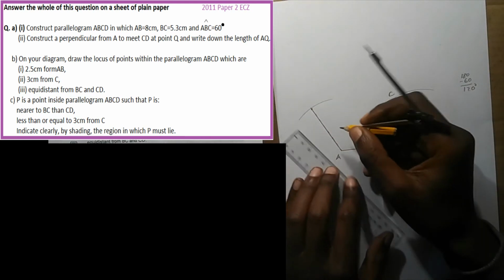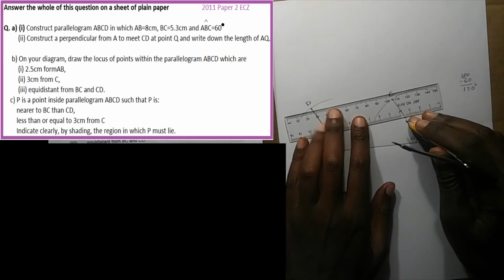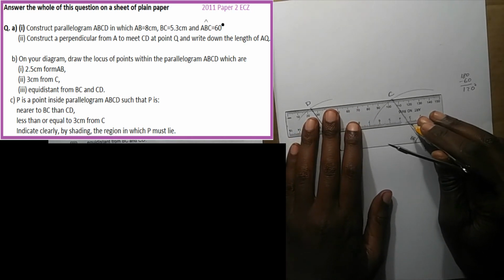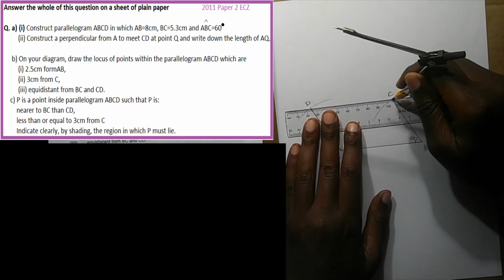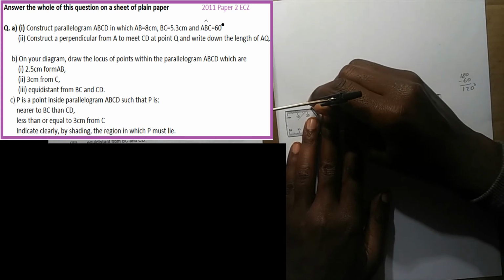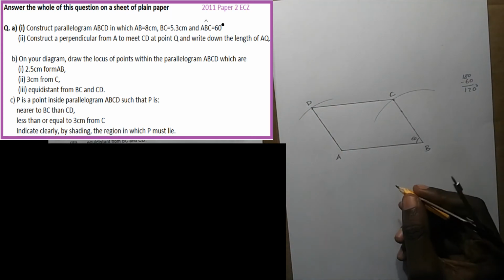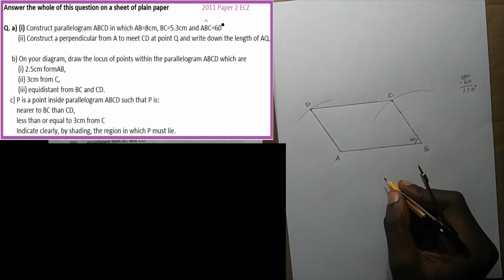So this is where our D is going to be, and then we connect D and C, and we have a parallelogram. Okay, so this is our parallelogram, and the measurements are given in the question.